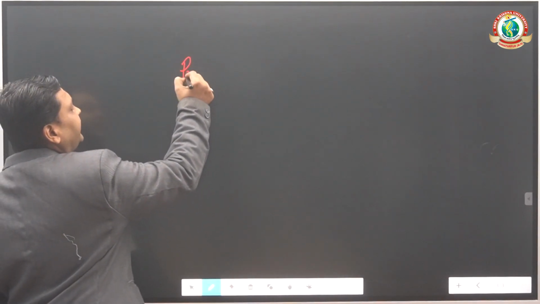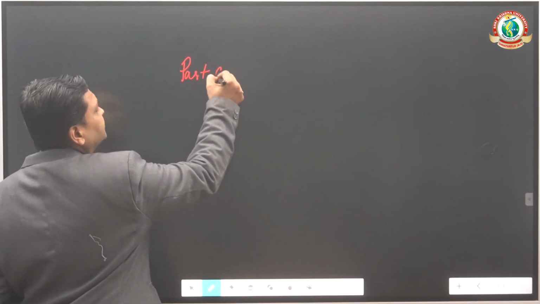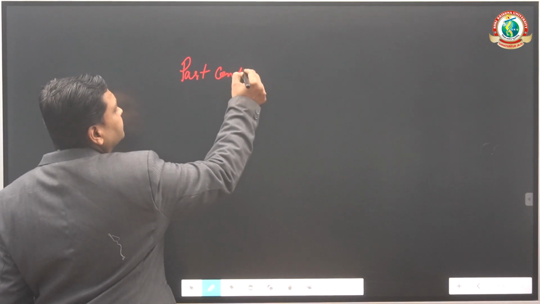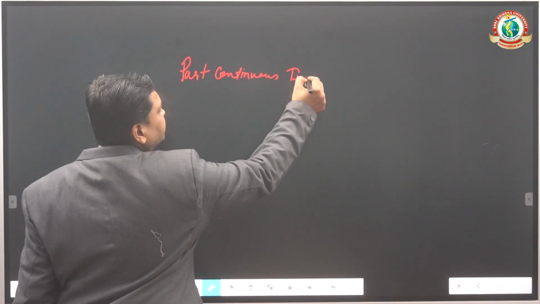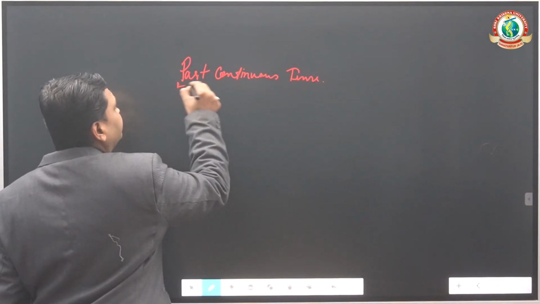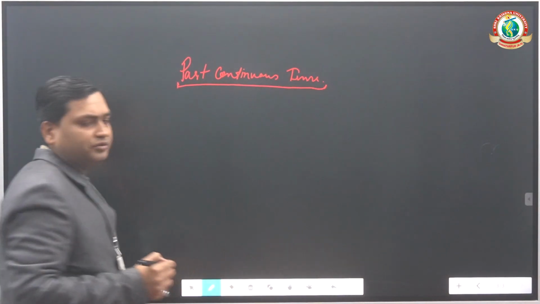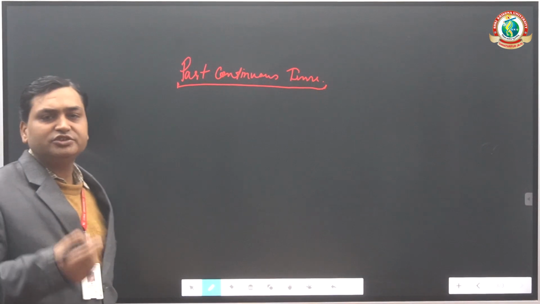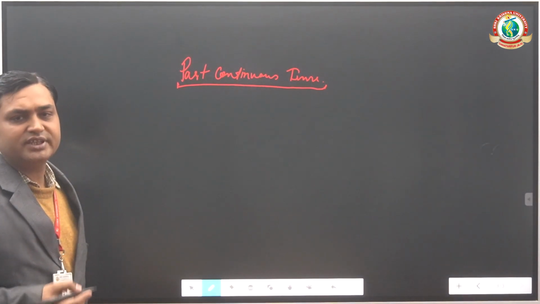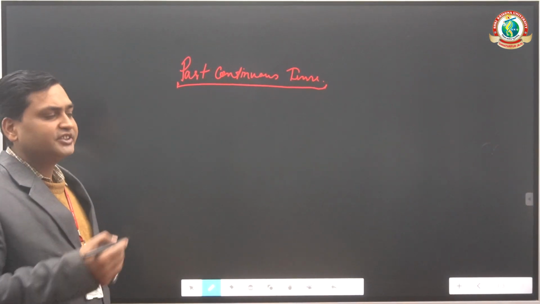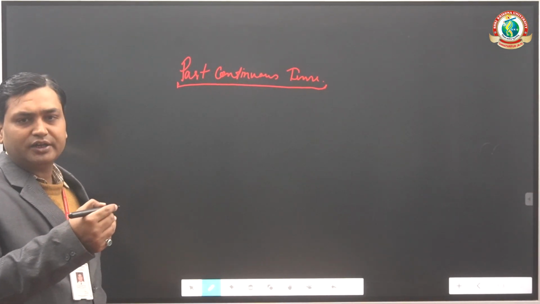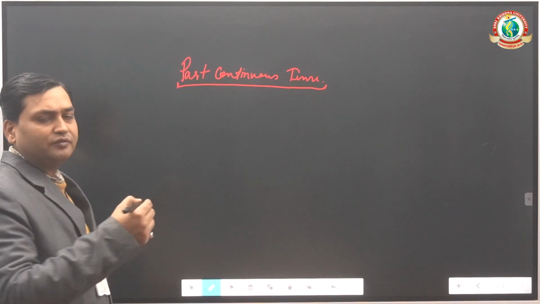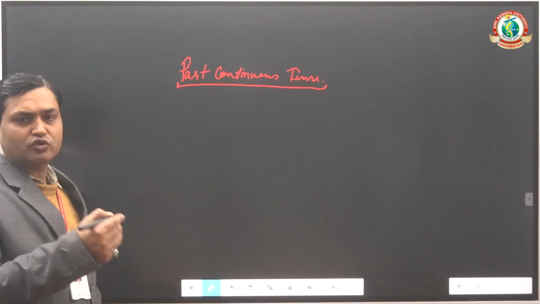After that, the passive voice of past continuous tense. First of all, we should know what past continuous tense is. In past continuous tense, the sentence is: subject plus was or were plus verb with ing, first form of verb, plus object.